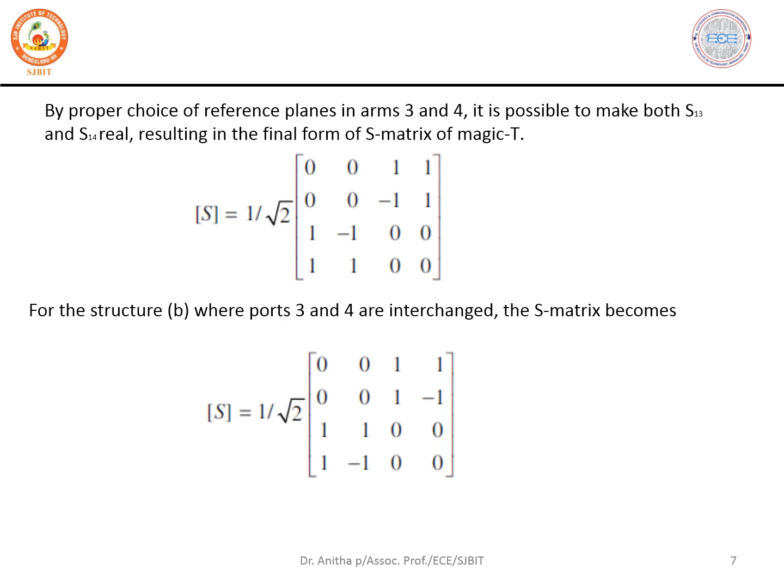Then in that case, if I write the B1 value, you get 1 by root 2, and the B2 value will be minus 1 by root 2, whereas B3 and B4 will become 0 because A1, A2 are 0. So if I give input at port 3, then you will get an equal amount of power at ports 1 and 2, but with a 180 degree phase shift. In the same manner, you can observe for the other ports. Other analysis can be interpreted.